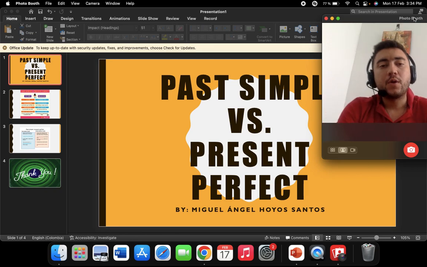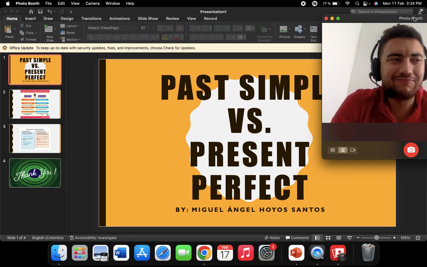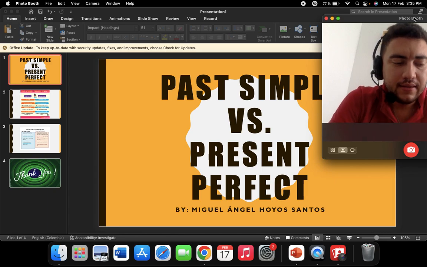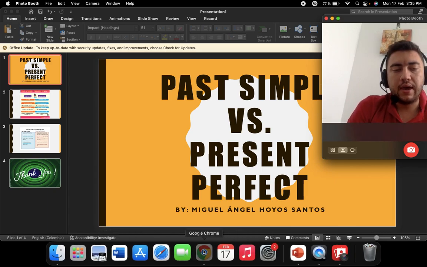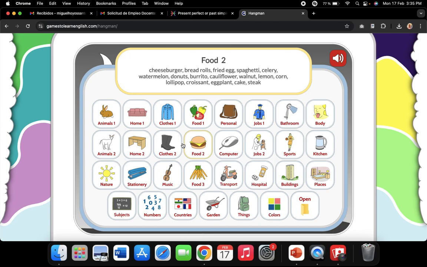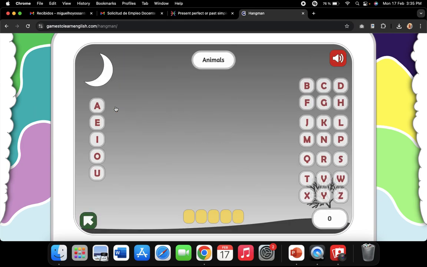Okay. Well, before I start the class, let's start with a game. This game is known for you guys. This is called Hangman. First of all, try to pick the topic. In this case, let's use animals. What Hangman is?